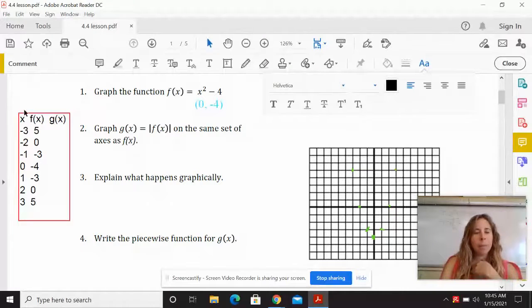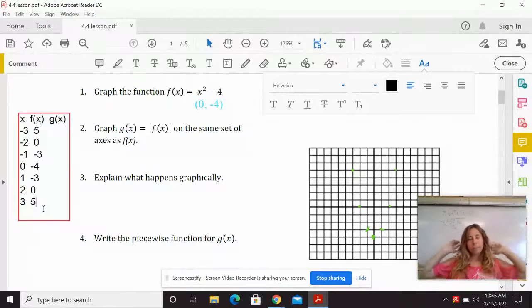So if I take the absolute value of this, what is going to change? Think about it.